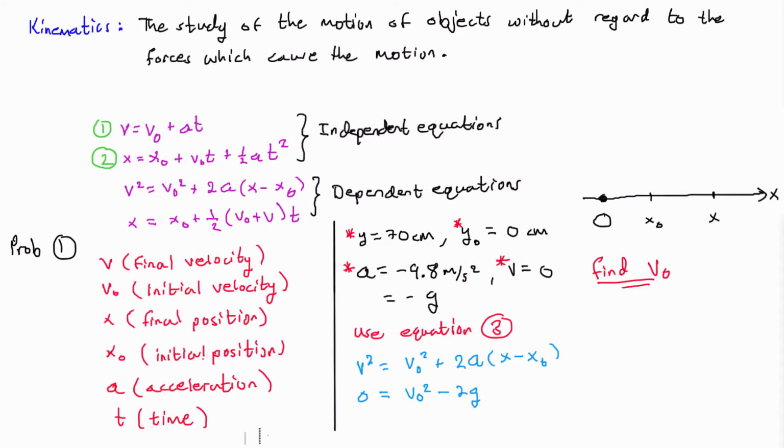Now, I put X. This should be Y. Y minus Y0. Right, so negative 2G times, and we know that Y is going to be 70 centimeters. So I'll just put Y, and Y0 is 0. Okay? So this tells me that V0 squared is equal to 2 times G times Y, which means that V0 is equal to the square root of 2 times G times Y.